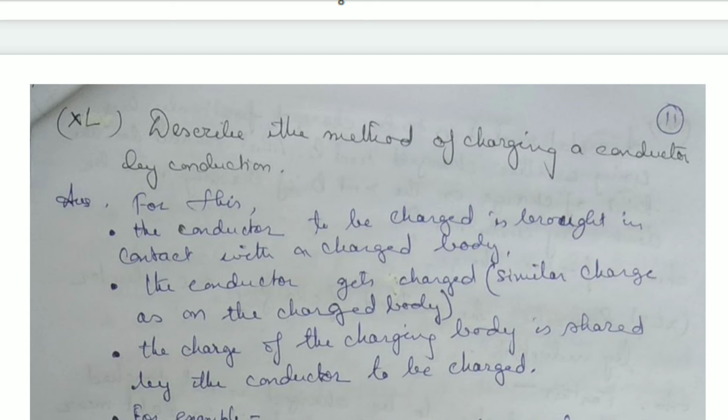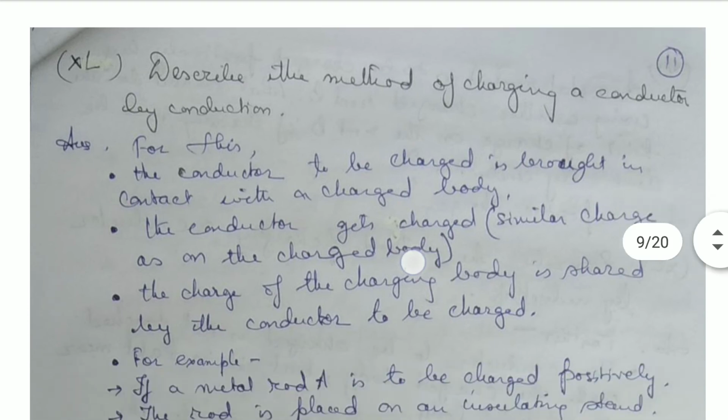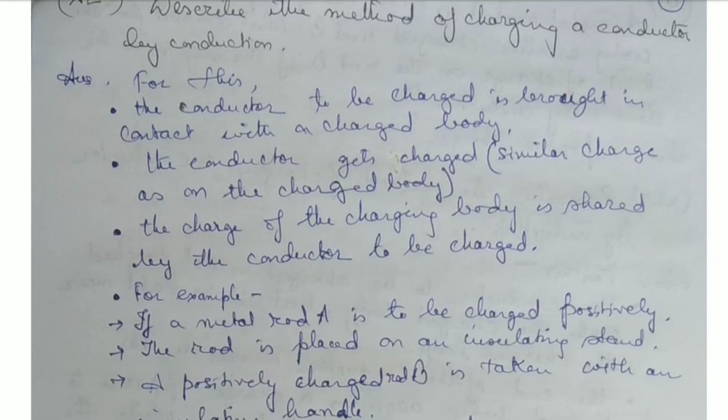Now the conductor gets charged with a similar charge as on the charged body. The charge present in the charged body is transferred to the conductor, giving it a similar charge. The charge of the charging body is shared by the conductor which is to be charged.